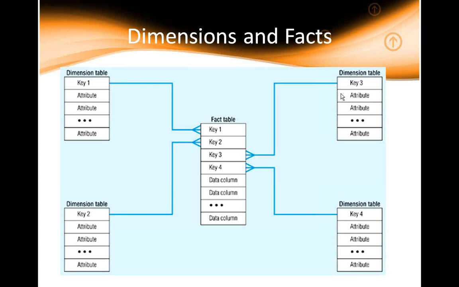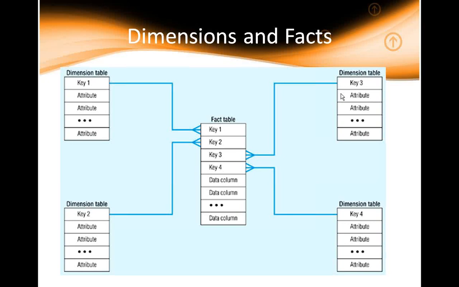Suppose I have a customer table, a customer dimension table. In that table I will have the customer's personal information like his phone number and all. Along with that, I will have the address, and in the address section I have city information.